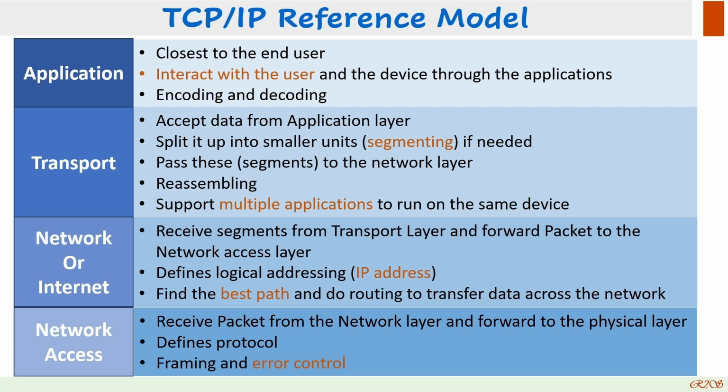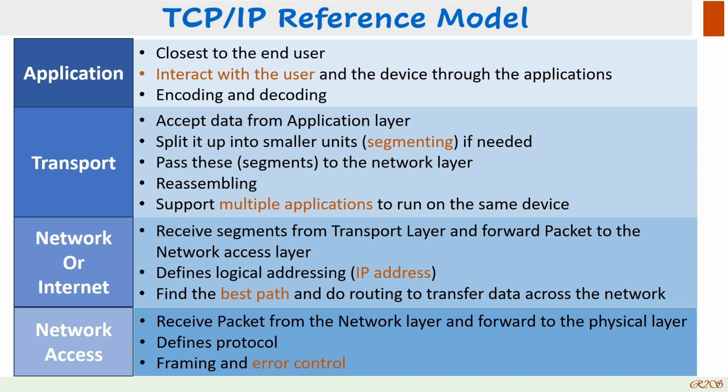And the network layer also finds the best path to forward your message through the network, so that the receiver on the other side of the world can receive it. The network layer finds the best path to transfer the data across the network from one end of the world to another.